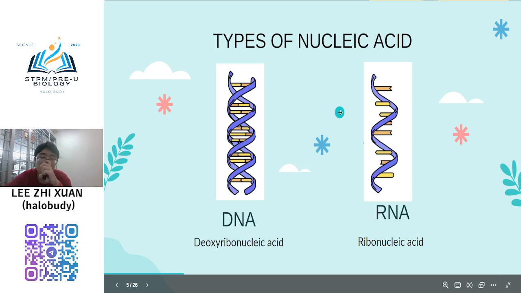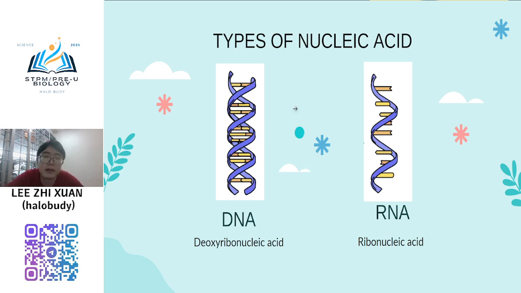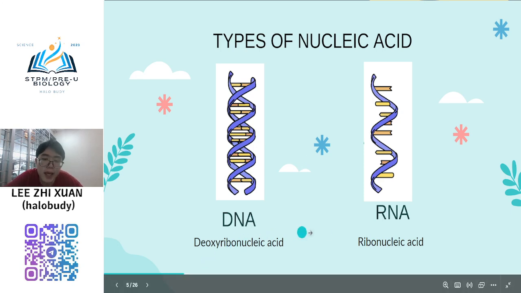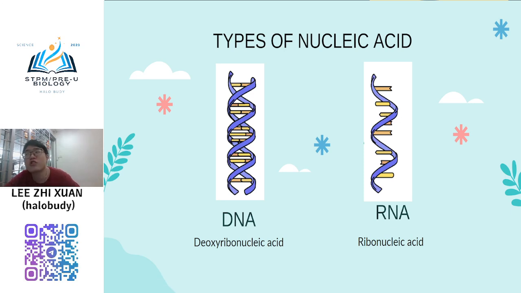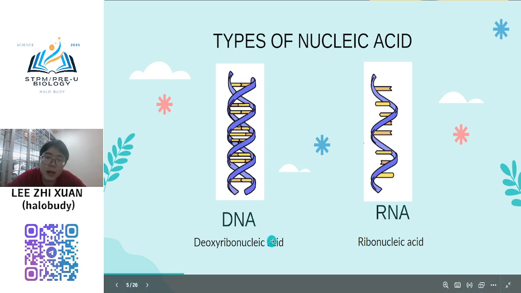As we know, we have two types of nucleic acid, DNA and RNA. Their full names are deoxyribonucleic acid and ribonucleic acid. You need to know the full names, especially for structure questions. If the question specifically asks for the naming of the nucleic acid, you should write the full name.